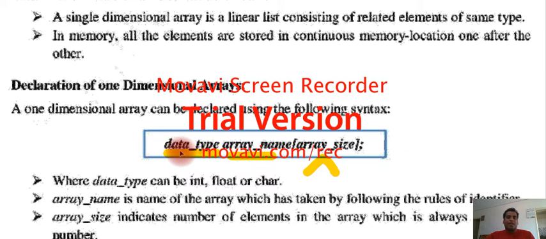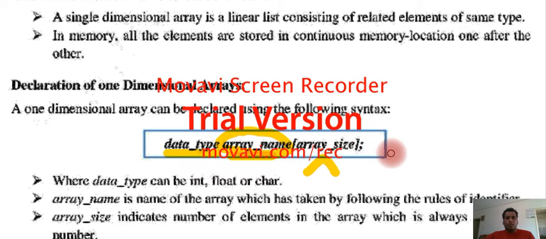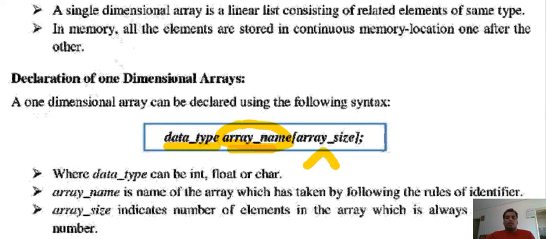The data type can be anything, either int or float. The array name can be anything, but it should follow the rules of an identifier. Then the array size can be anything. If you want to store 5 values, you give 5. If you want to store 6 values, you give 6, and it will store 6 values. This is about the declaration of the array.